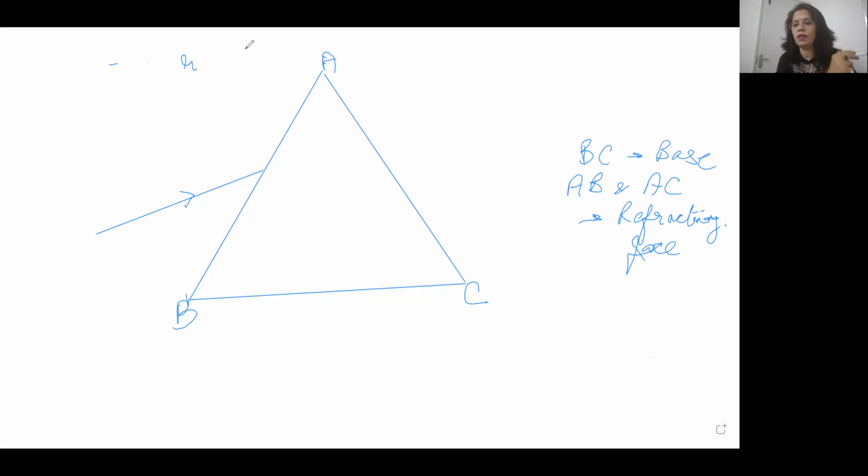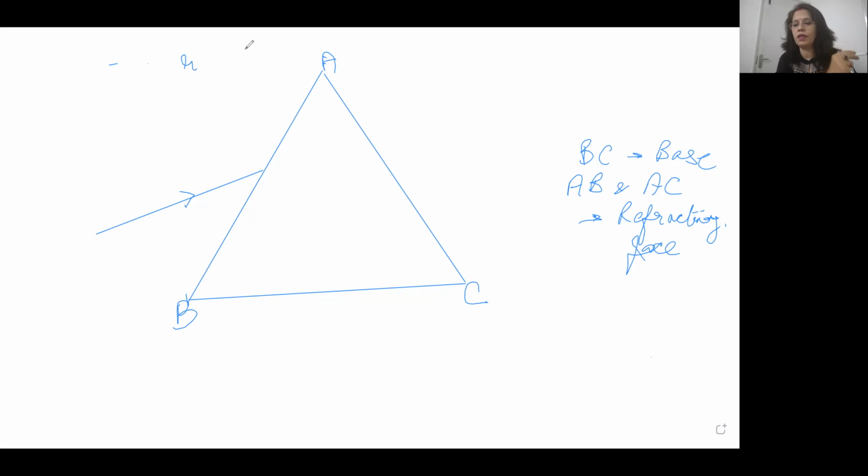This is the second normal, N2. So the ray is deviating away from the normal. It is deviating away from the normal. Fine. In this manner. Okay, is it clear?